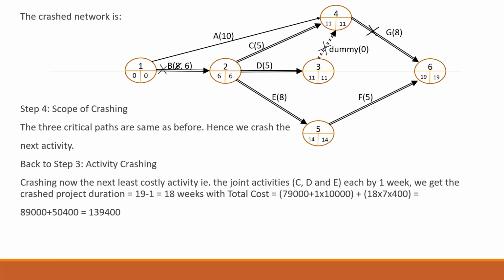Once we crash the joint activities C, D, and E by 1 week, the cost is increasing. So we need to stop here, and then we can find the optimum project time and the cost. For that, I'll create a table.